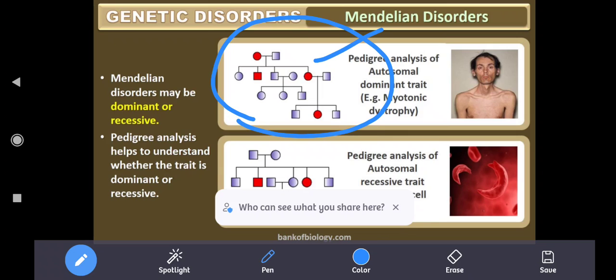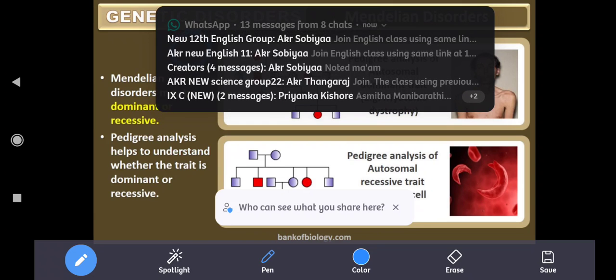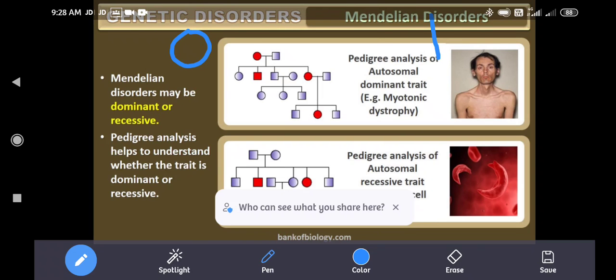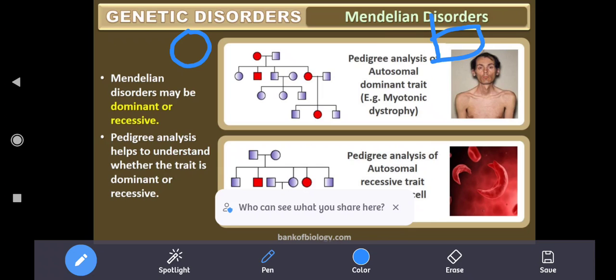First, let us discuss the Mendelian disorder, in which the disease occurs due to a dominant trait or a dominant gene. As you know, the circle represents female and the square represents male, isn't it?